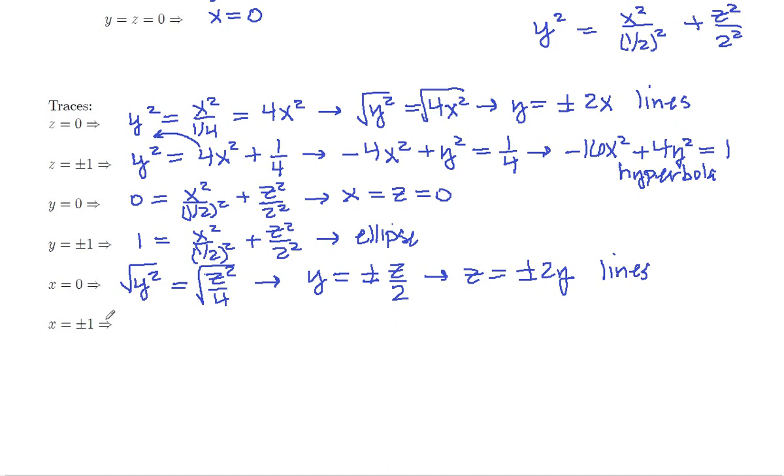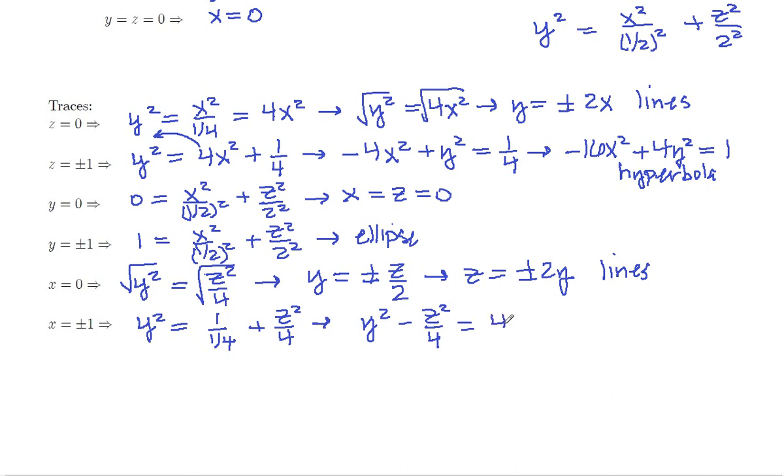And then that last trace, x is plus or minus 1. That just makes this a 1. So that gives us y squared on the left, and then a 1 over 1/4, which is 4, plus z squared over 4. And so let's bring this z squared over as a negative on the left-hand side. So we've got y squared minus z squared over 4 is equal to 1 divided by 1/4.